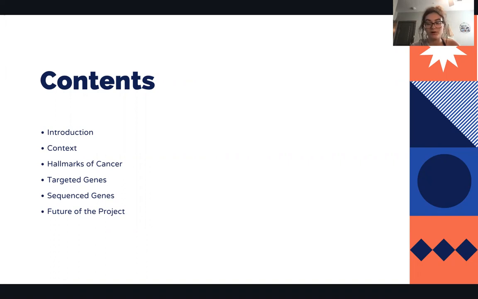After that, I will be going more into what genes were targeted in this article. After that, I'll be going into what genes they were able to sequence in this article. And finally, I'll wrap it up with the future of the project and how this article is going to help with cancer research.